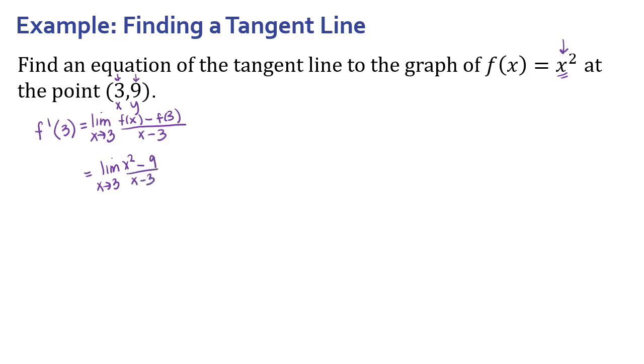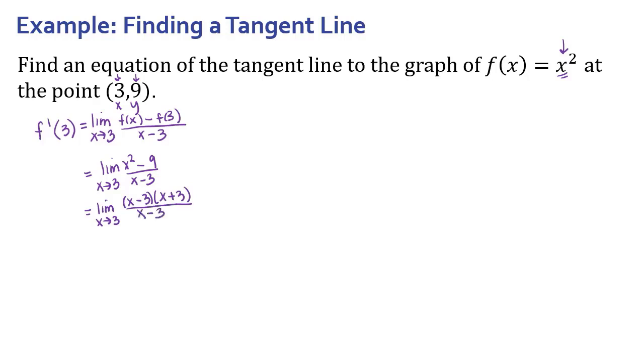Now we can use the limit laws we've learned to evaluate this limit. Right now, if I substituted in 3 for x, I'm going to get 0 over 0, which is an indeterminate form, so I can't substitute yet. Let's use the problem-solving strategy we've learned previously to get this function into a form that I can evaluate. I can factor the numerator as x minus 3 times x plus 3.